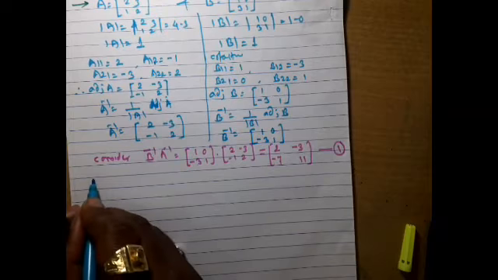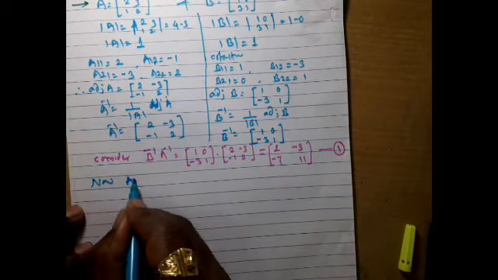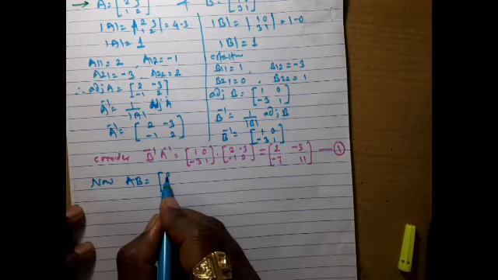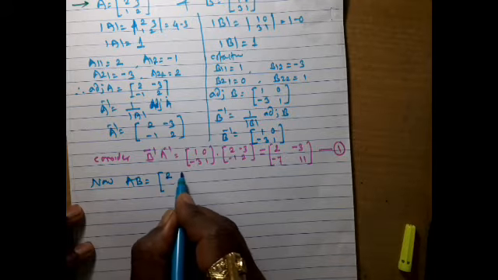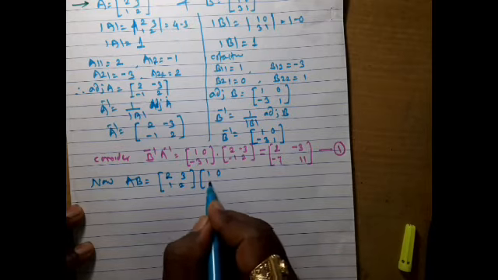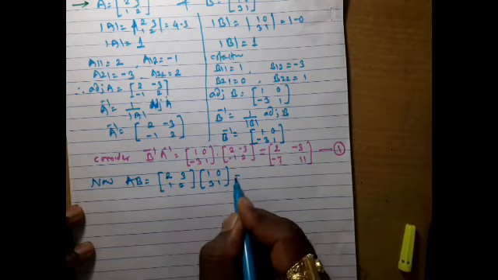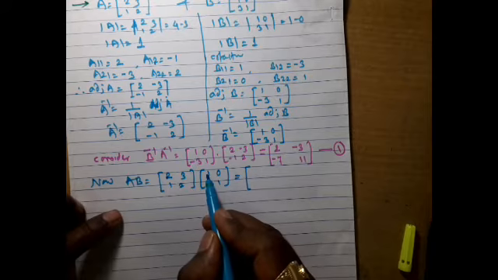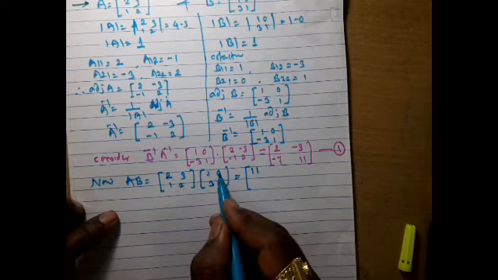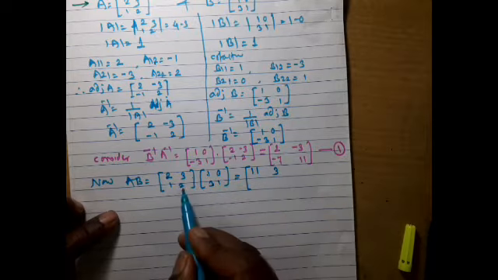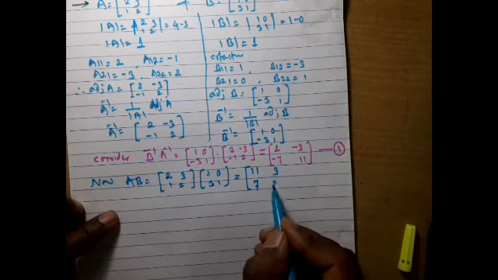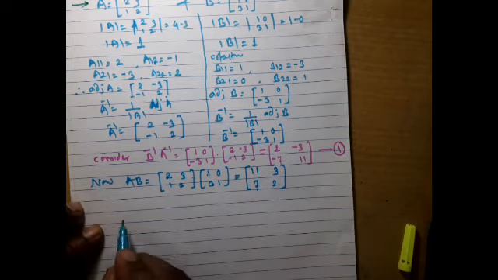Now we'll take AB. Now A into B is [2, 3; 1, 2] and B is [1, 0; 3, 1]. So this will be 2 ones are 2 plus 9, that is 11, 0 plus 3, 3, 1 into 1 plus 6 is 7, 0, it is 2.